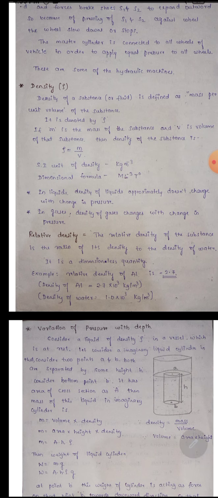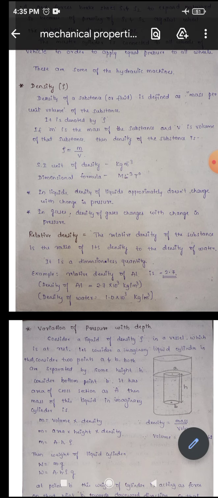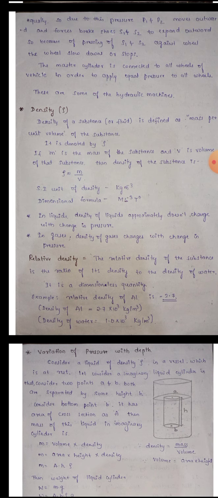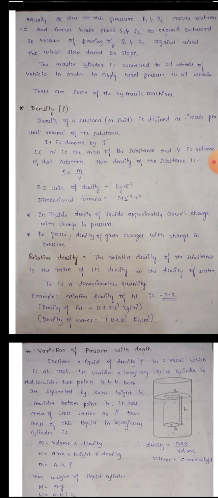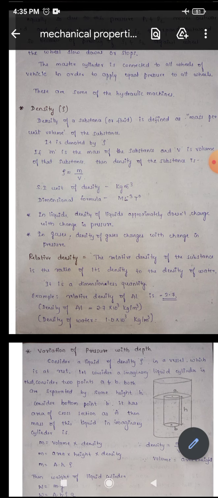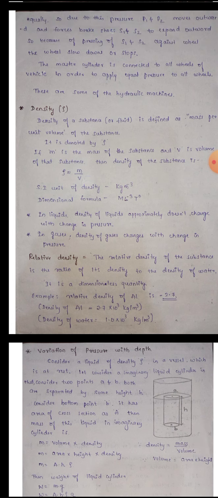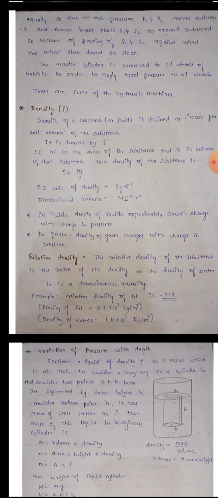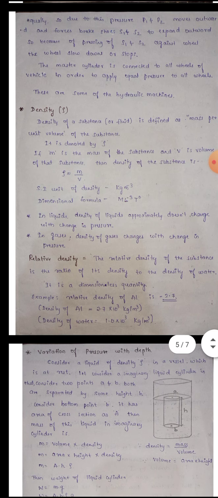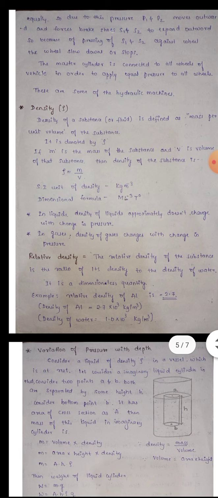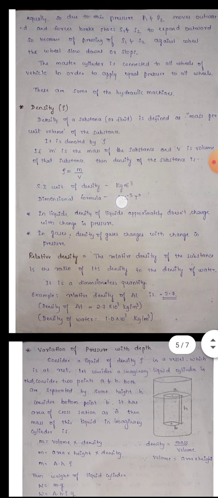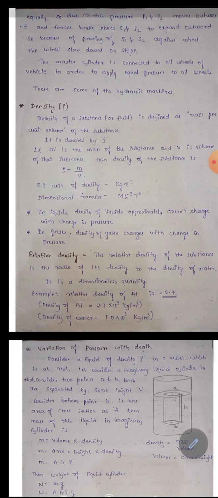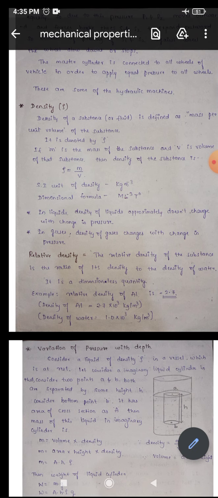If m is the mass of the substance and V is the volume of the substance, then the density is written as rho equals m divided by V. The SI unit for density is kg per meter cube, and the dimensional formula for density is M L^-3 T^0.